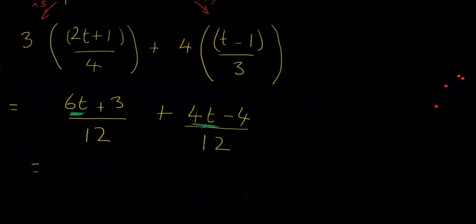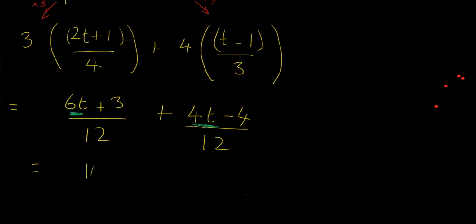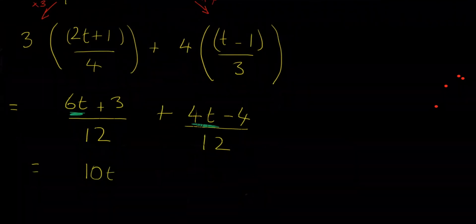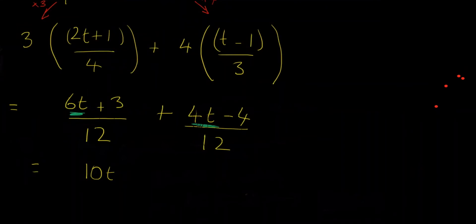Because we're adding up all the t's. 10t. And what is 3 minus 4? Minus 1. That's right. And it's all over 12.